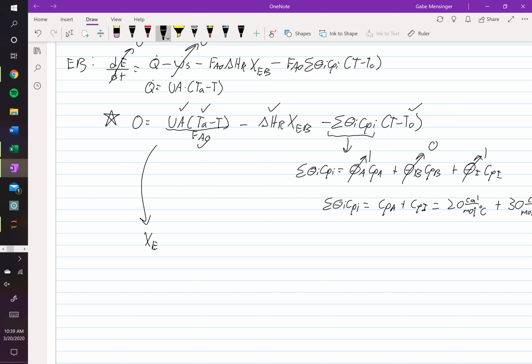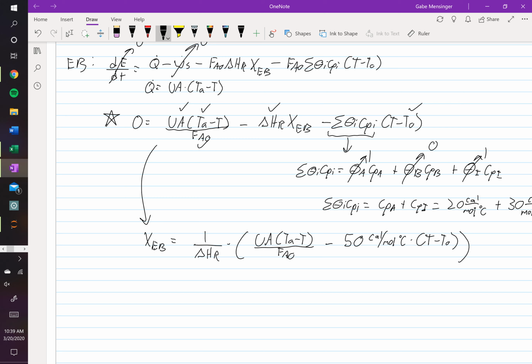So X_EB is equal to 1 over delta HR times UA over FA naught times (TA minus T), minus that sigma theta CPI term we just found to be 50 calories per mole degree C times (T minus T naught).